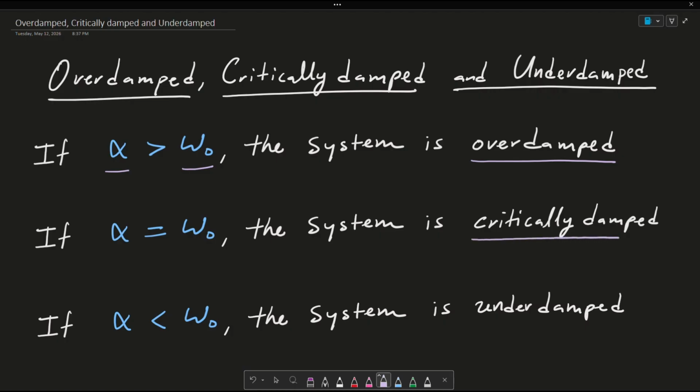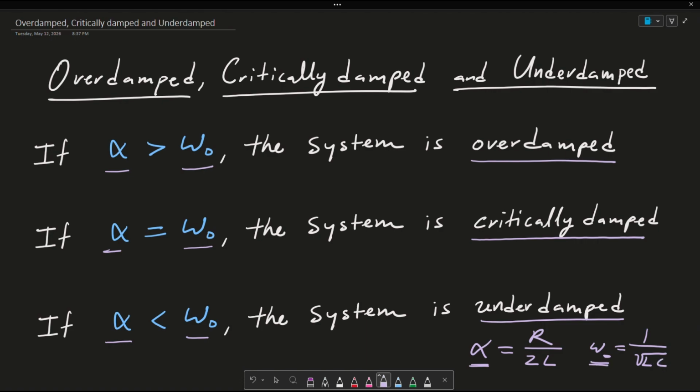For a critically damped system, the alpha is equated to omega naught, and for an underdamped system, the alpha is less than omega naught, where again alpha is equated to this resistance R over 2L, and again this is my damping factor, and omega naught is equated to 1 over the square root of my inductance times my capacitor. Again, this is my resonant frequency, and this is for a source-free series RLC circuit.